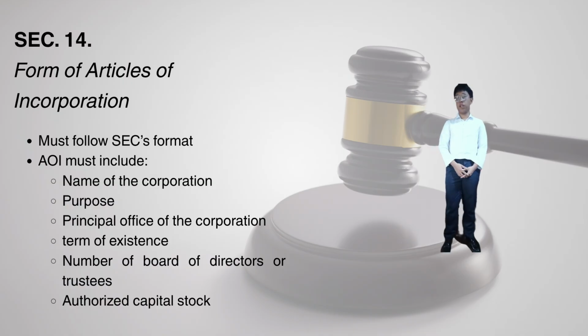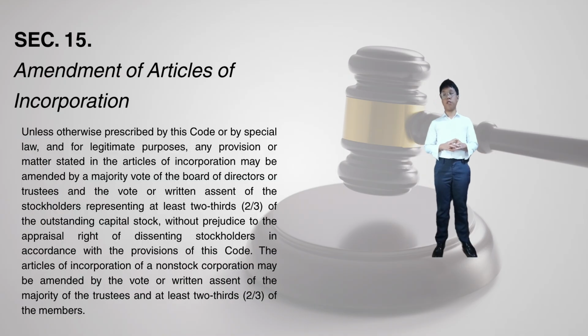Moving on, Section 15, Amendment of Articles of Incorporation. Unless otherwise prescribed by this code or by special law, and for legitimate purposes, any provision or matter stated in the articles of incorporation may be amended by a majority vote of the board of directors or trustees and the vote of stockholders representing at least two-thirds of the outstanding capital stock, without prejudice to the appraisal right of dissenting stockholders in accordance with the provisions of this code.